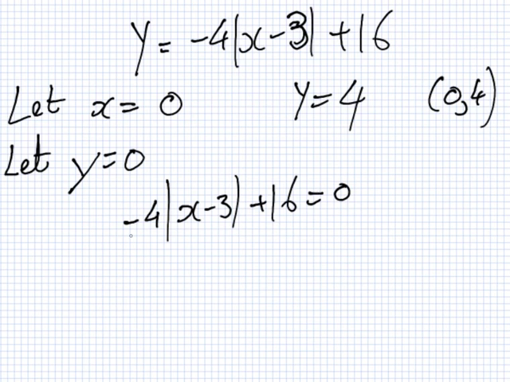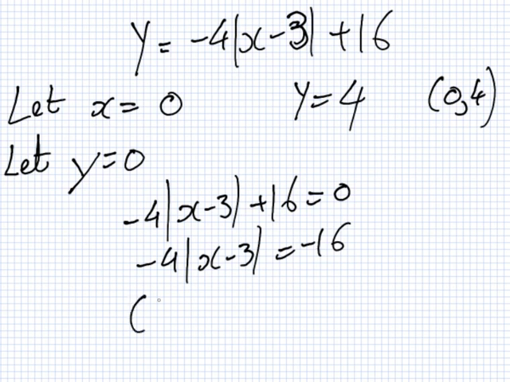Again, take it to the other side. Does this equation look familiar? It's the one you did 60 seconds ago. You already know what the answer is. What's the answer here? 7 or minus 1.